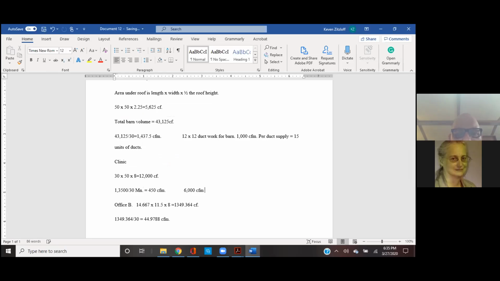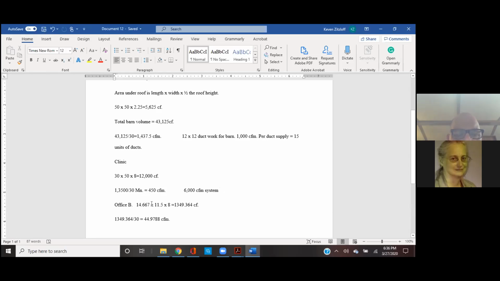Okay, so 12,000 divided by 30 is 400. So change that second line: 12,000 divided by 30 is 400 cubic feet per minute.